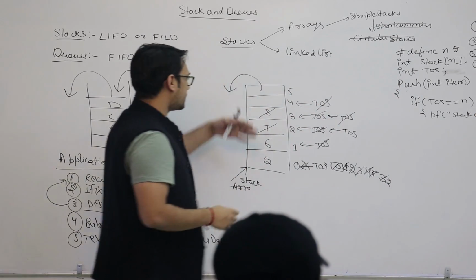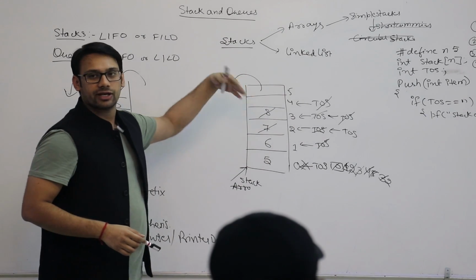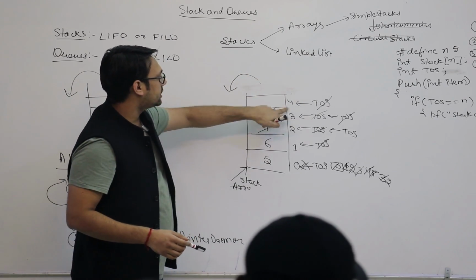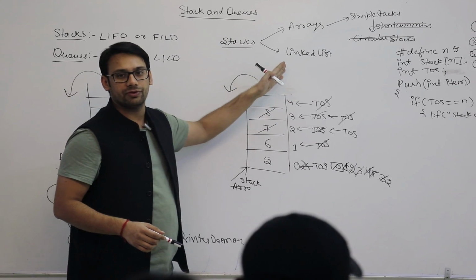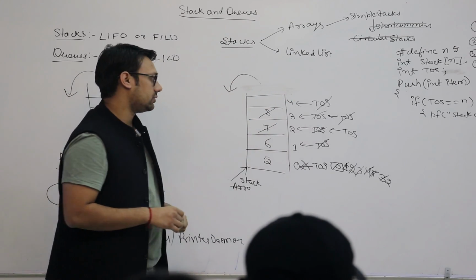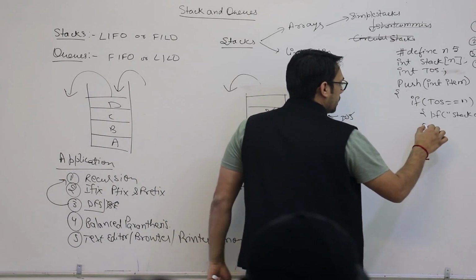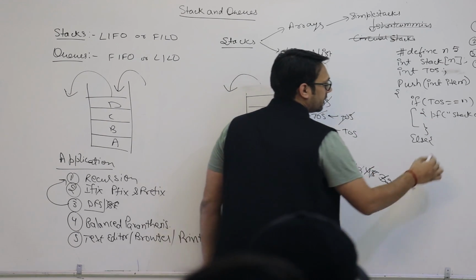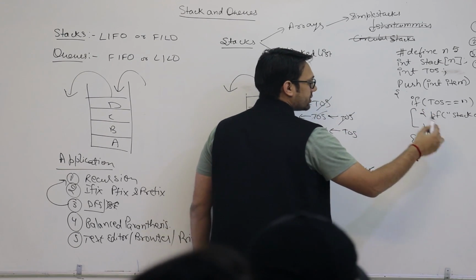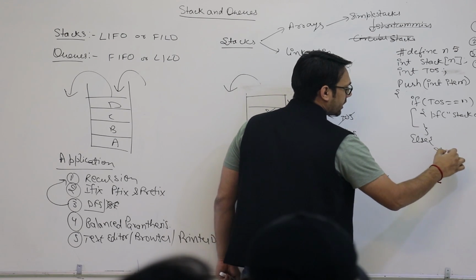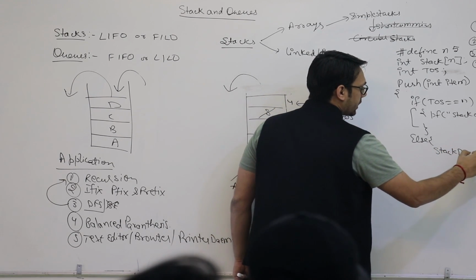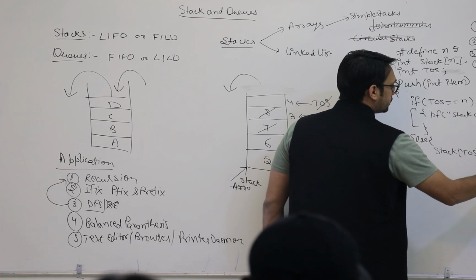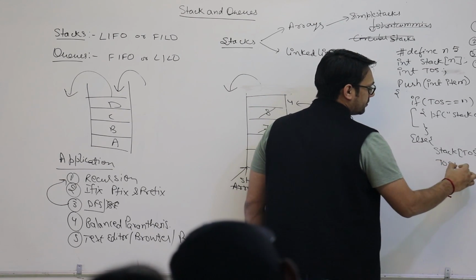If till the 4th location everything is full, then at the 5th location, when top of stack points to the 5th location, all the items are there in the stack. Else you are going to put the item at that location: stack of top of stack is equal to item, and then top of stack plus plus.